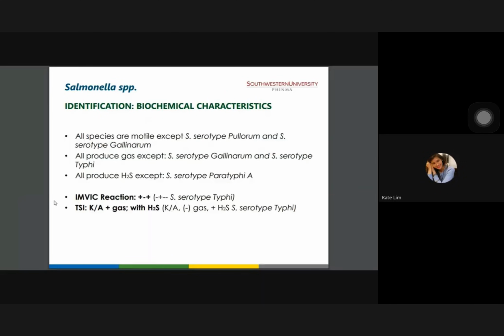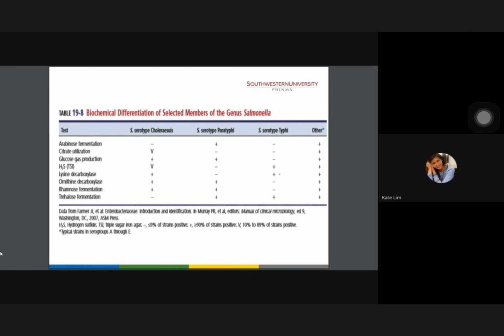For your TSI, it is K over A. That would be alkaline over acid, K over A with gas production with hydrogen sulfide. So except Salmonella serotype typhi, which cannot produce gas. But again, generally, the TSI reaction of your Salmonella is K over A with gas with H2S.